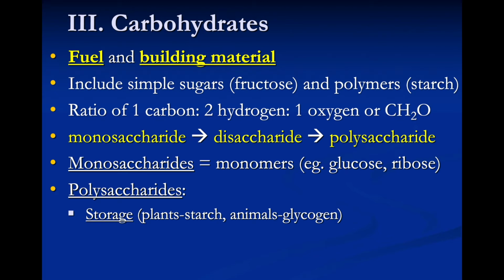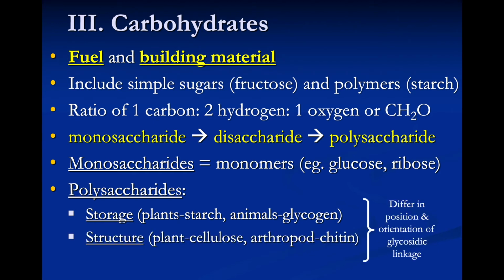So there are two types of polysaccharides. One is storage and the other is for structure. Plants store their carbohydrates in the form of starch, while animals store their excess carbohydrates in the form of glycogen. In terms of structure, plants have building materials for anchoring their cell walls and making them structurally strong, a material called cellulose.